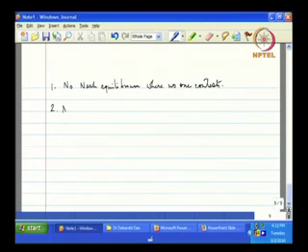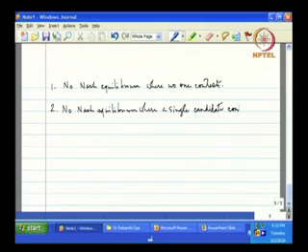Second is that there cannot be a Nash equilibrium where only one candidate is contesting, the other two are staying out.